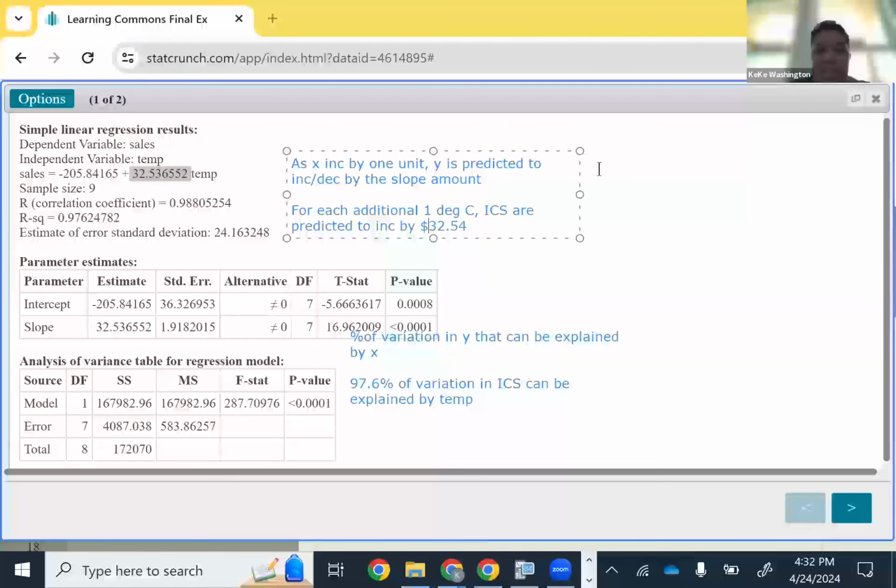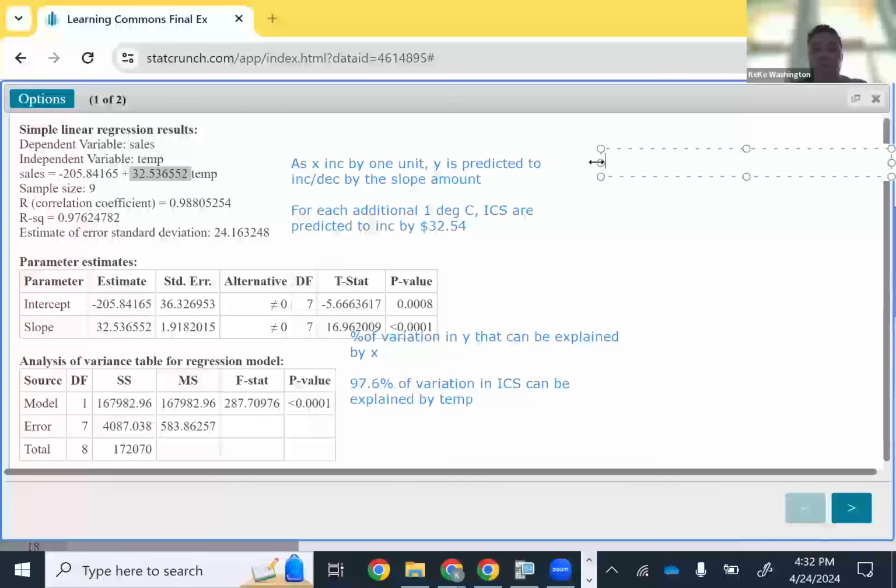All right, the next thing, be able to interpret the y-intercept. Remember, the y-intercept is when x is equal to 0. So therefore, for your interpretation, x is temperature. So at 0 degrees Celsius, if temperature is 0, your y-intercept is negative 205.84.